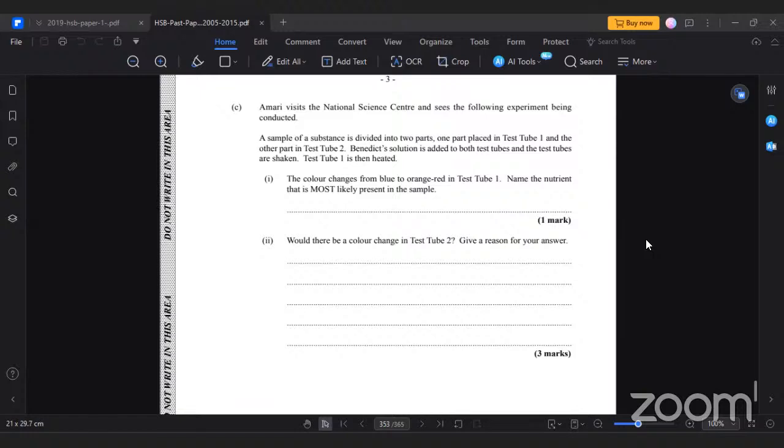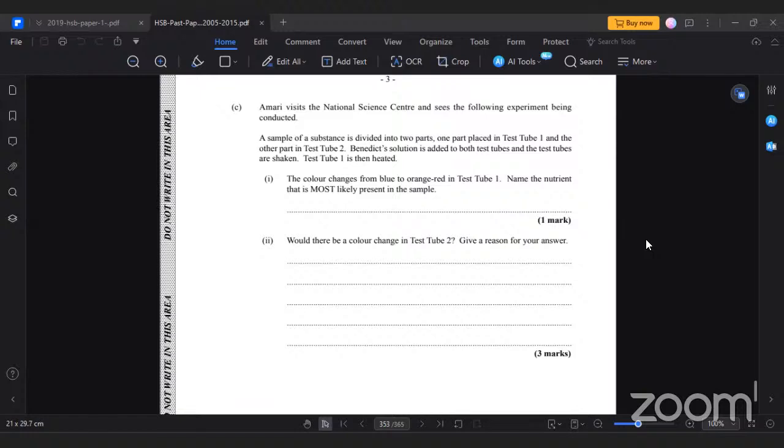Now, this is the reducing sugar test that you would be familiar with from your food test lab. The reducing sugar test is testing for simple carbohydrates. In this case, I'm seeing Rapid J is suggesting reducing sugar, correct, glucose or fructose.